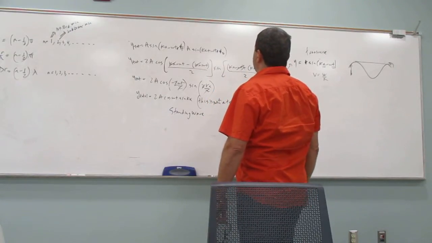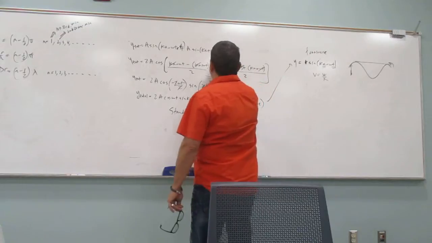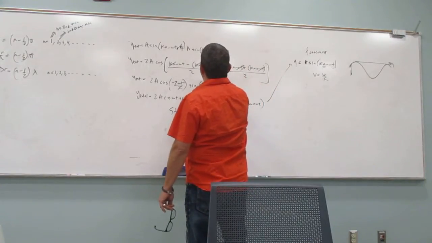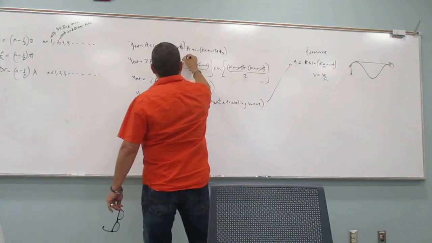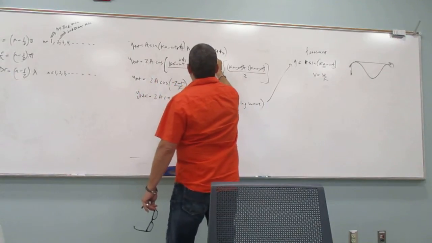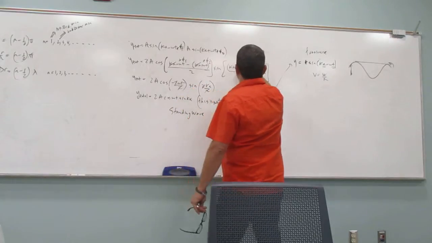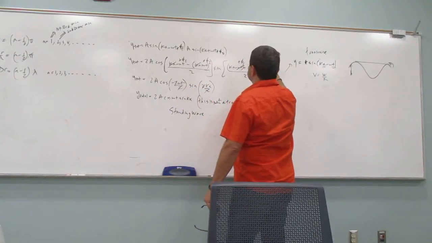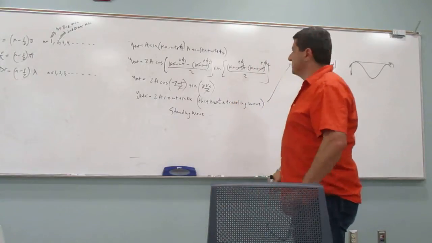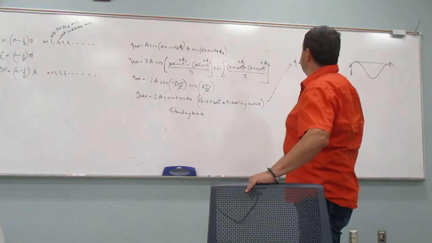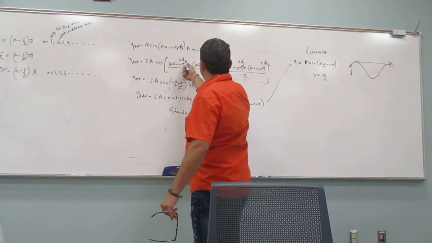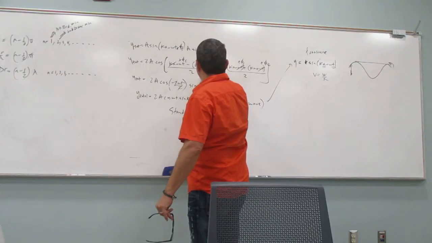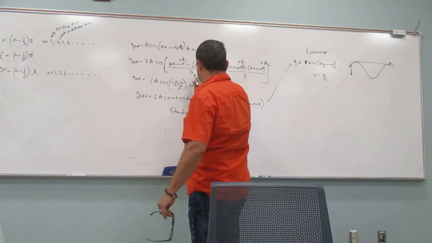Right. What would happen? You would have kx plus phi 1, so you would have a phi 1 and you would have a phi 2. Yeah. And phi 1 minus phi 2. Yeah, we could generalize it. Let's say they have different phase angles. Then here you would end up with phi 1 minus phi 2 over 2, right?